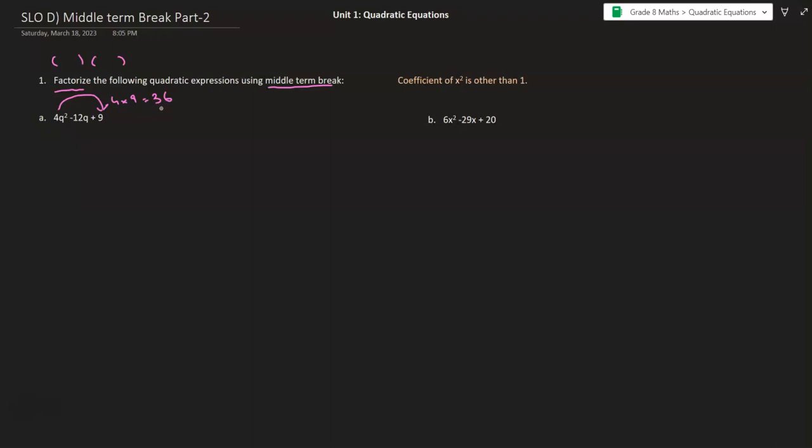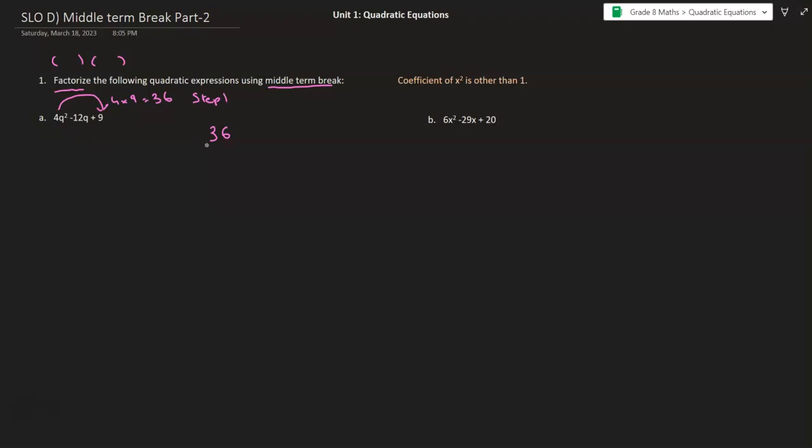So I have to see the possible combinations of 36 rather than of 9. That is step 1. And the rest of the steps remain the same.